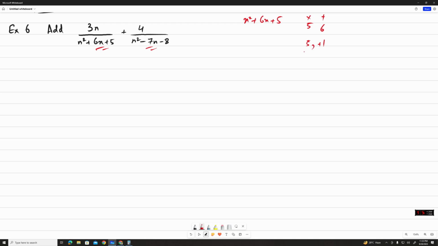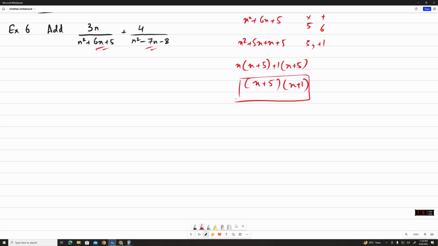My bad. So we're going to write 6x as 5x plus x plus 5. So we take x common here, x plus 5, and plus 1, x plus 5. So we have x plus 5 and x plus 1 as one denominator.